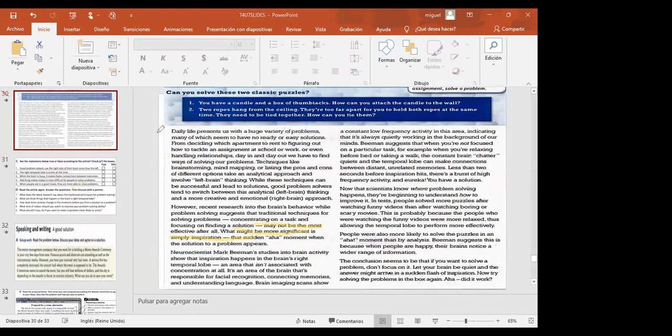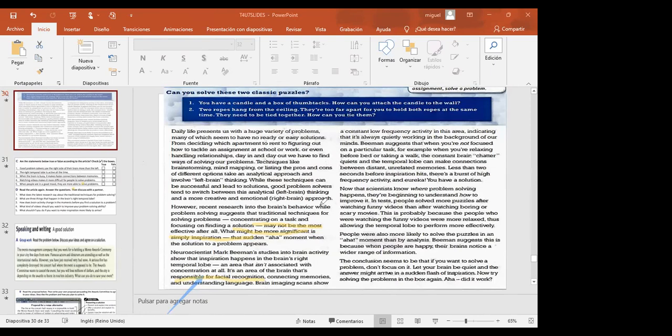Yeah, facial recognition, right? And connecting memories too, teacher. Okay, and what else, Felix? The last one. Understanding language.